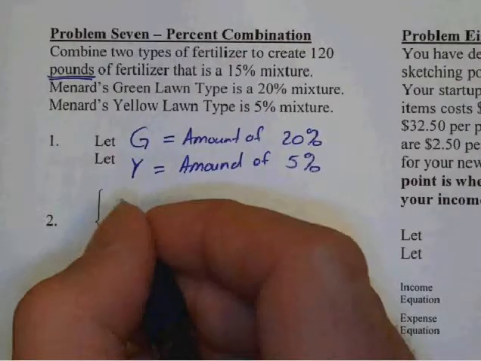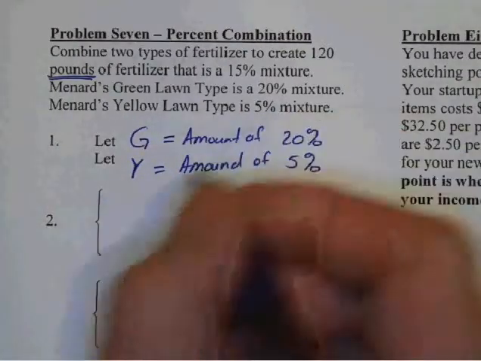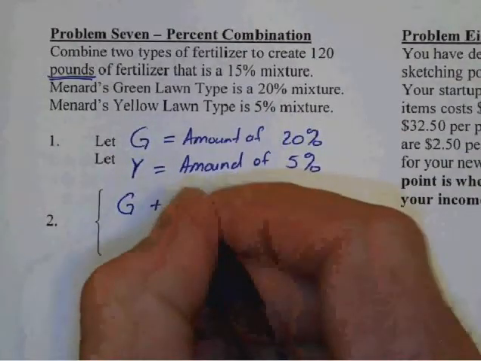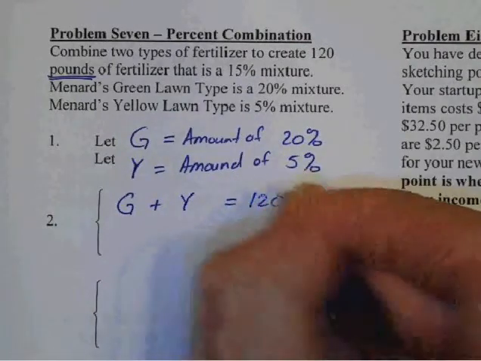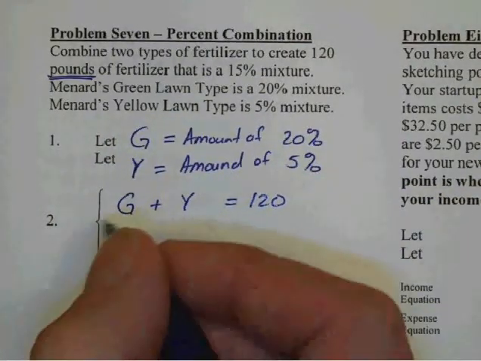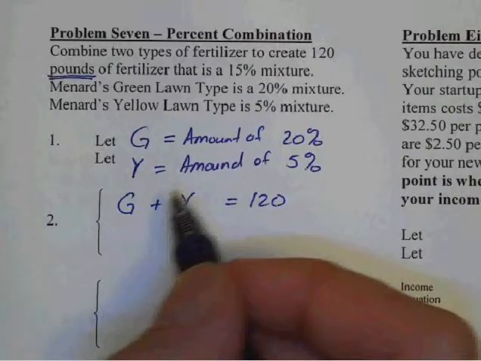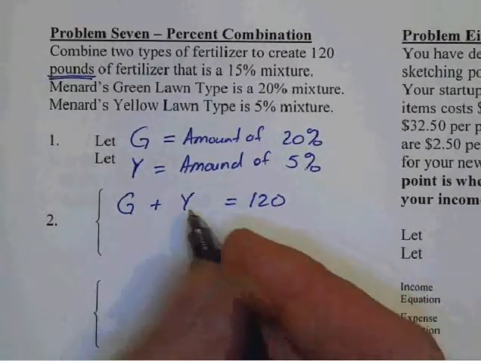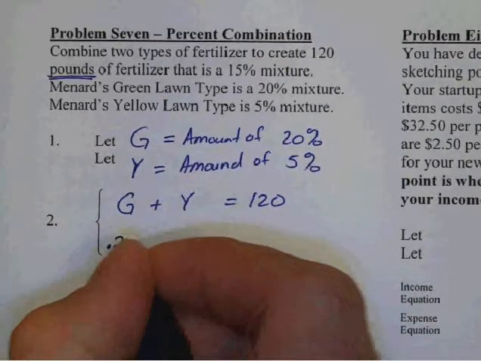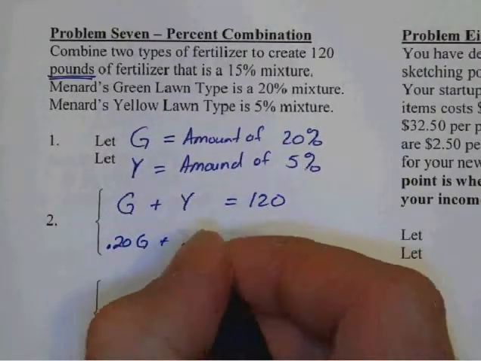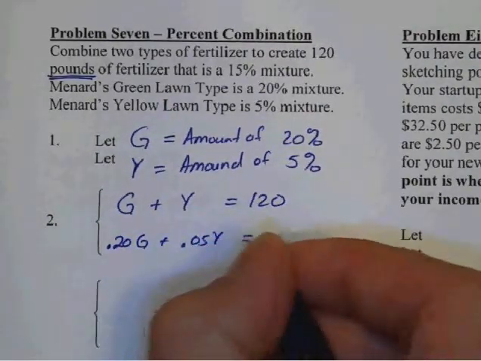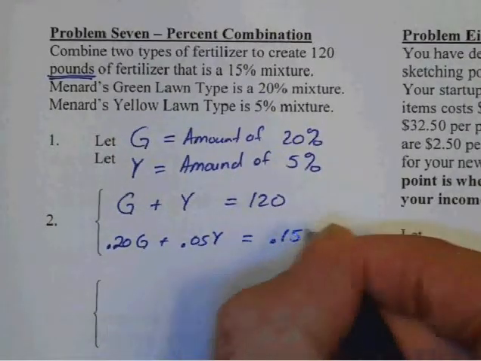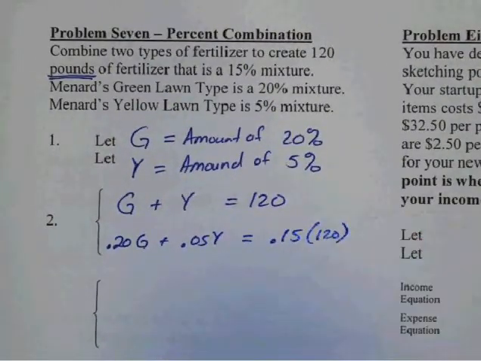We have our quantity equation, a total of 120 pounds, so that's G plus Y equals 120. And then we have the percent equation. The percent equation was percent times amount plus percent times amount equals percent times total. So percent times G plus percent times Y equals percent of our mixture, 15, times our total.